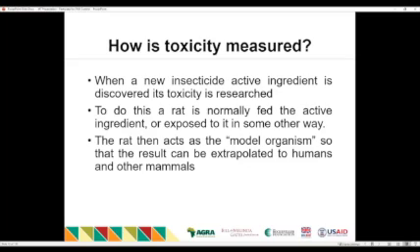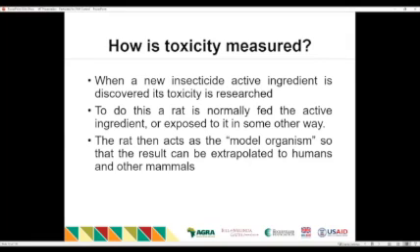And to do this, a company will take a rat, which is the normal experimental animal used, and we will feed this active ingredient to the rat, or expose the rat to it in some other way. In other words, on the skin or on the eye, or almost force the rat to inhale the substance.